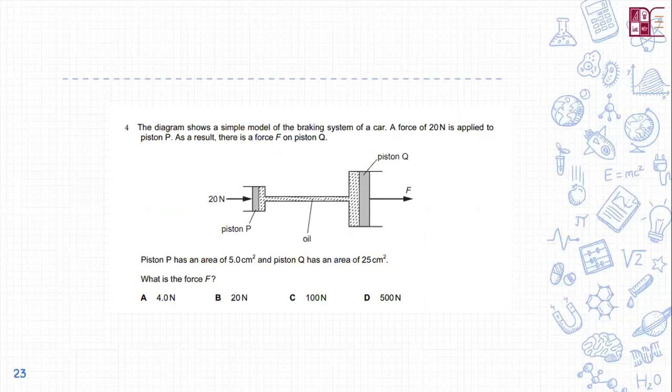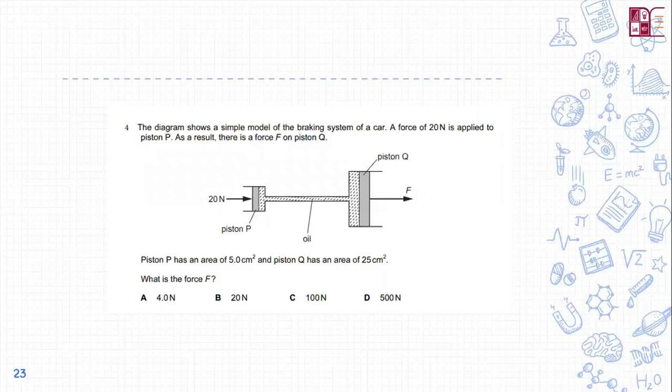Piston P has an area of 5 centimeters square and piston Q has an area of 25 meters square. What is the force F? Now, you've got to understand that the pressure in the liquid is the same. The ratio needs to be the same.